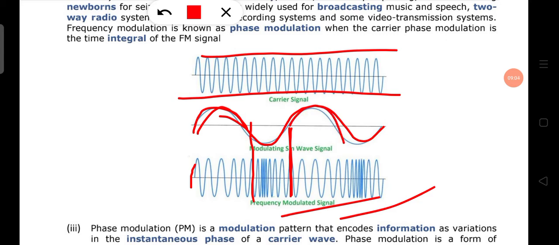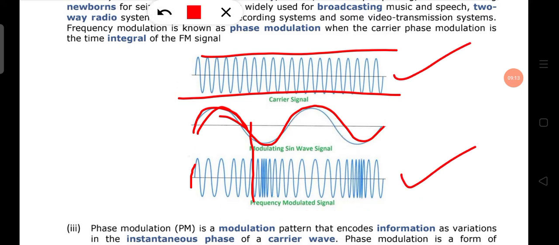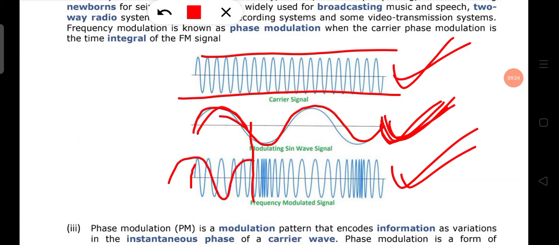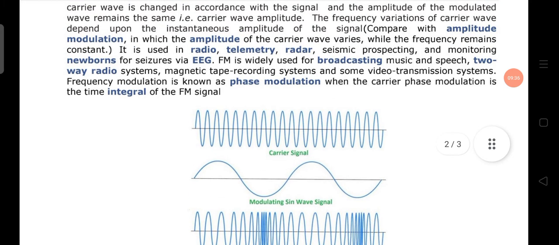Similarly, positive is wider, negative is higher. So the frequency of the carrier is constant, while here the frequency varies with respect to the message signal. So in frequency modulation, the frequency of the carrier signal varies with respect to the message signal. That is frequency modulation.